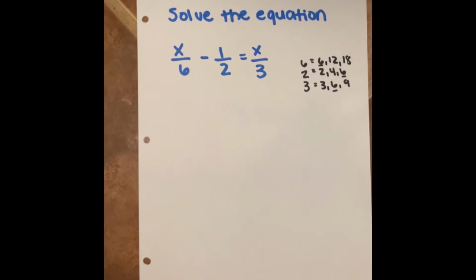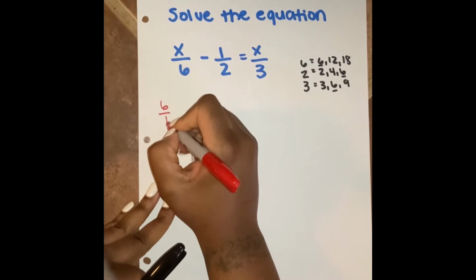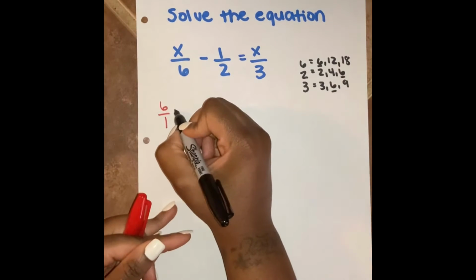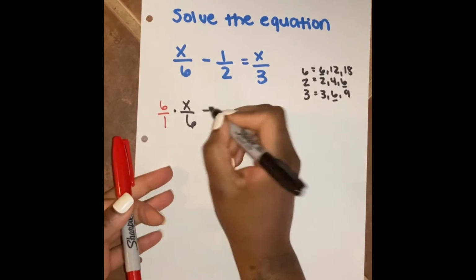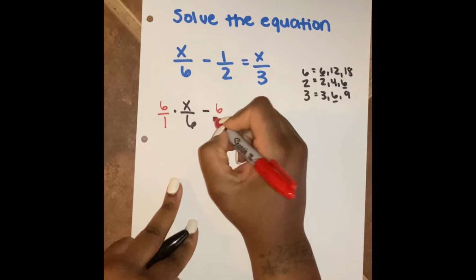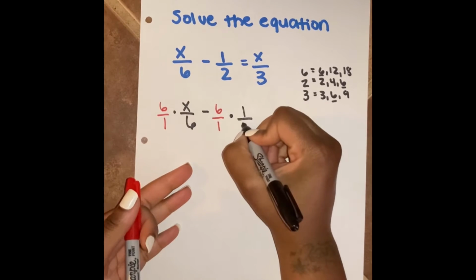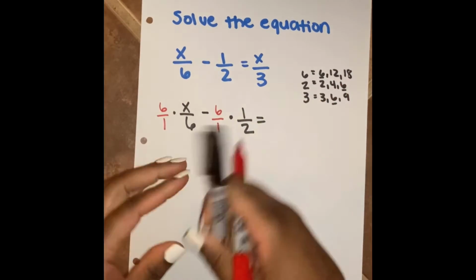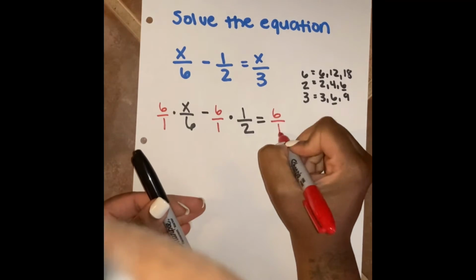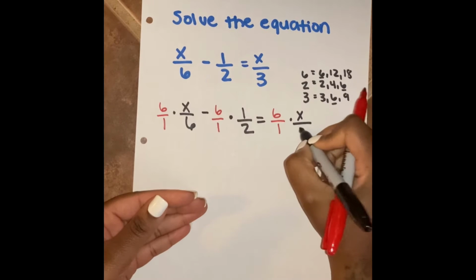So we're going to multiply 6 by each term in our equation. So we have 6 over 1 multiplied by x over 6 minus 6 over 1 multiplied by 1 over 2, which is equal to 6 over 1 multiplied by x over 3.